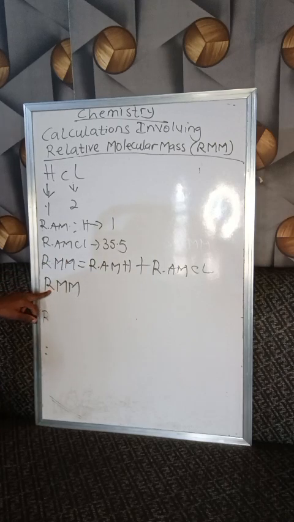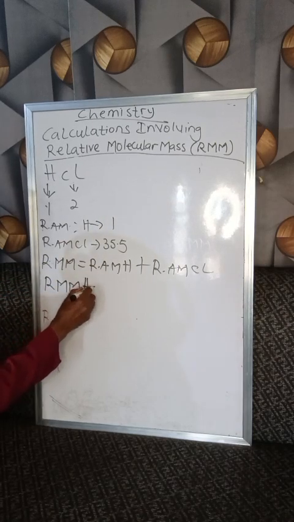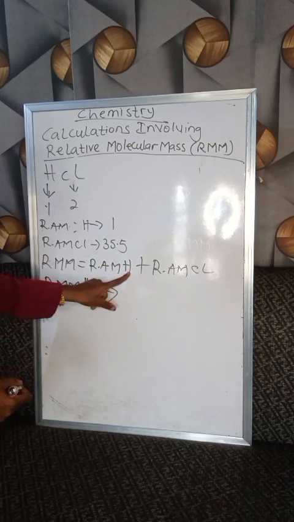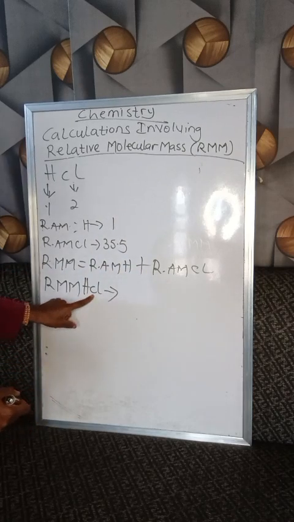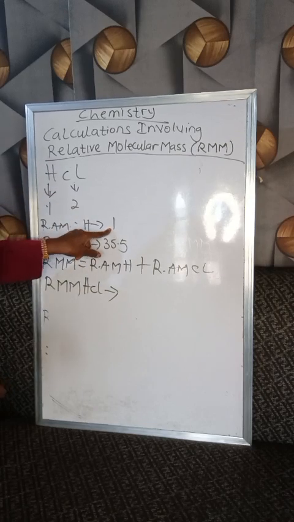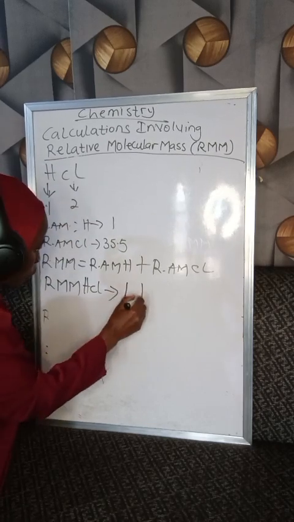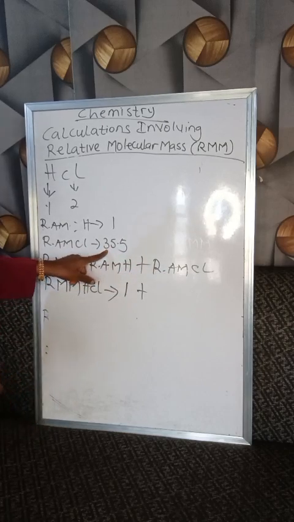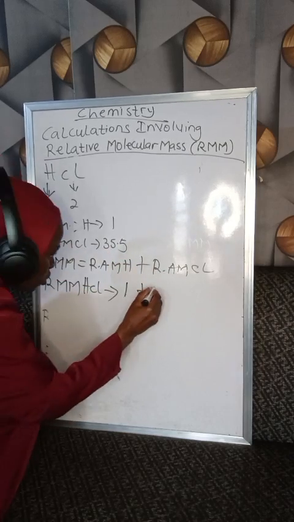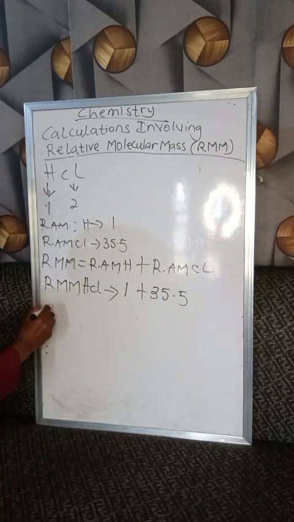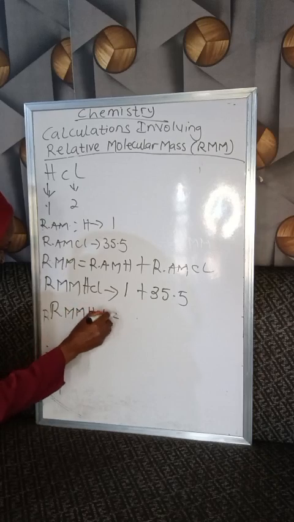In order to calculate the relative molecular mass of hydrogen chloride, it is going to be the relative atomic mass of hydrogen plus the relative atomic mass of chlorine. The relative atomic mass of hydrogen given in the question is 1, plus the relative atomic mass of chlorine given in the question, 35.5.